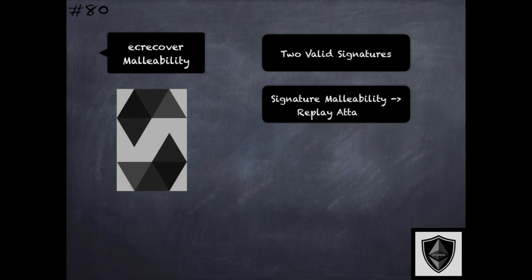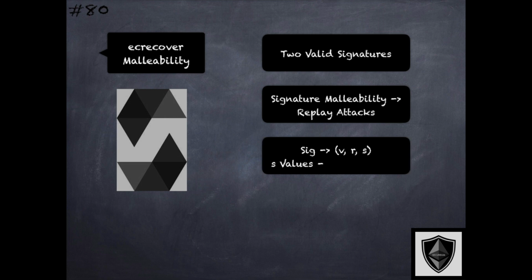And this, depending on how signatures are used within the contract logic or the reason why the signatures are used within that contract logic, can result in replay attacks where the second valid signature can be used by the user or even by the attacker to bypass the contract logic that is using these signatures.